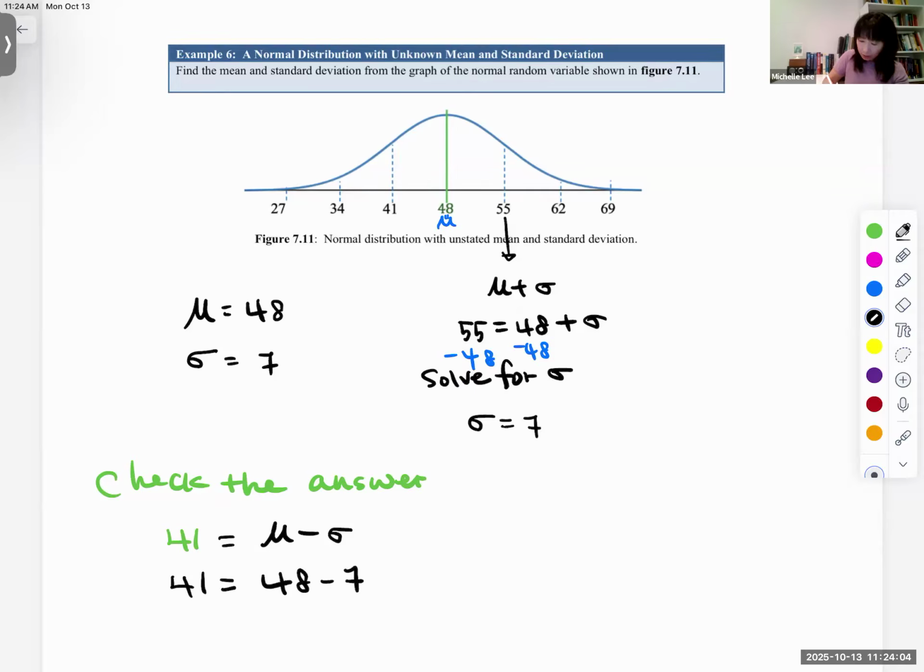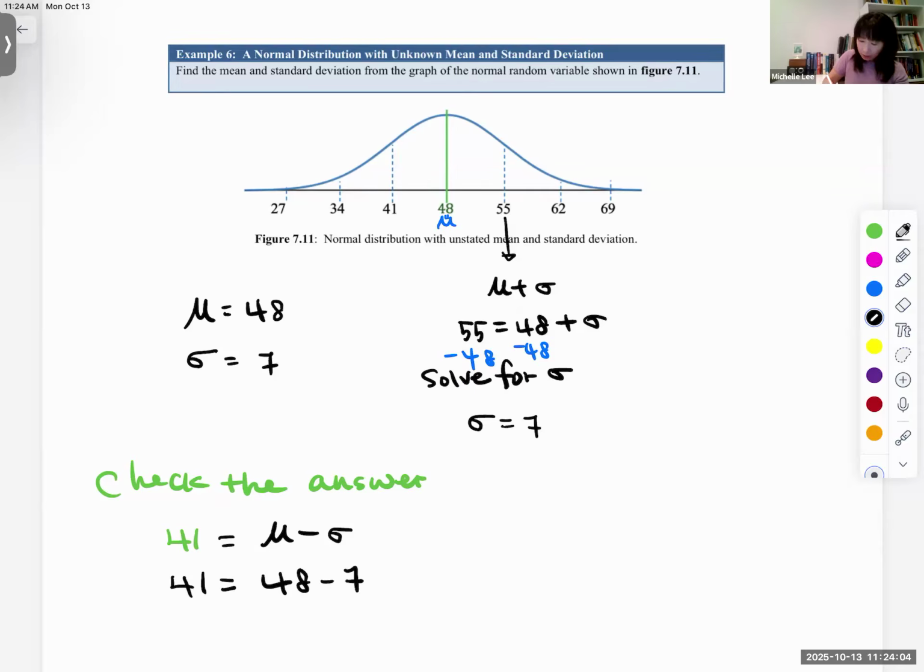Very good. So now we knew this number is mu plus sigma, right? So there will be 21 equal to mu plus sigma. Then 21 equal to 17 plus sigma. Solve for sigma. So subtract 17 from both sides.